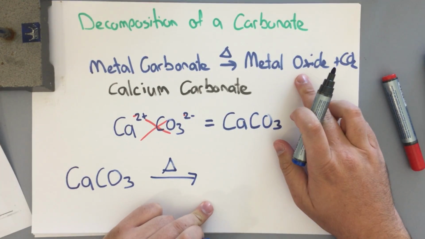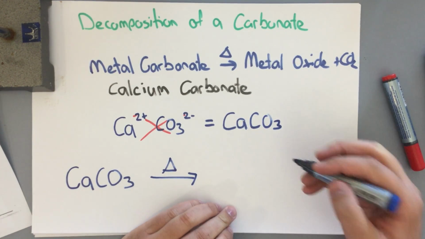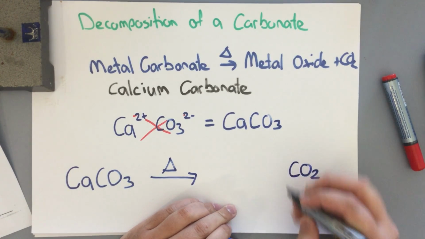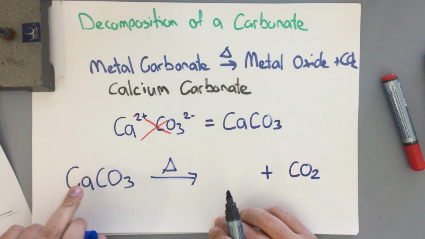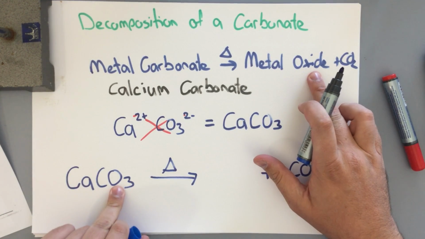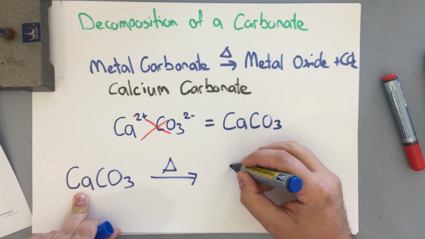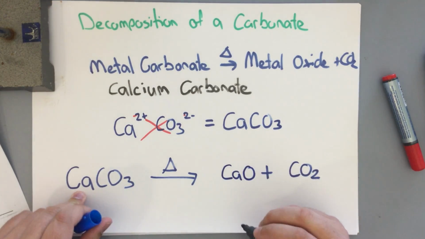We're going to get a metal oxide and carbon dioxide. We know the formula for carbon dioxide, so let's put that over here: CO2. And the metal oxide is going to come from what's left over. Oxide meaning it's going to be one of these oxygens, and that's the metal there. So the metal left over is going to be CaO.